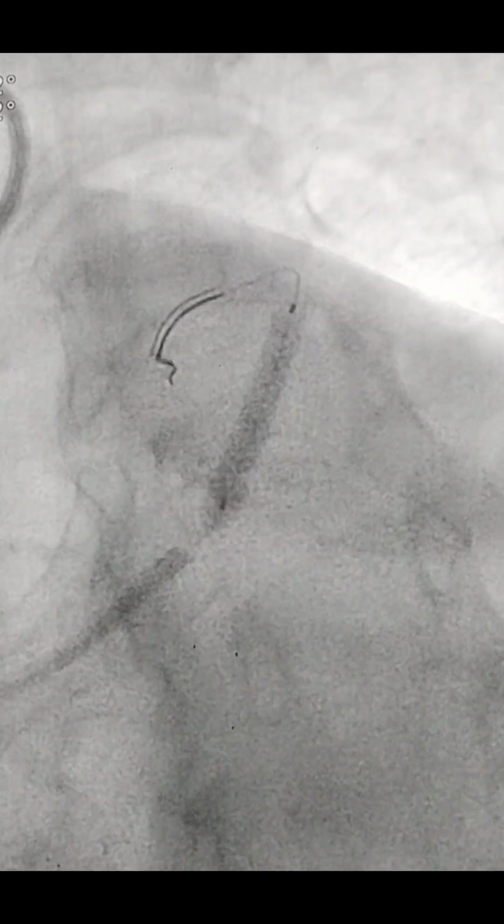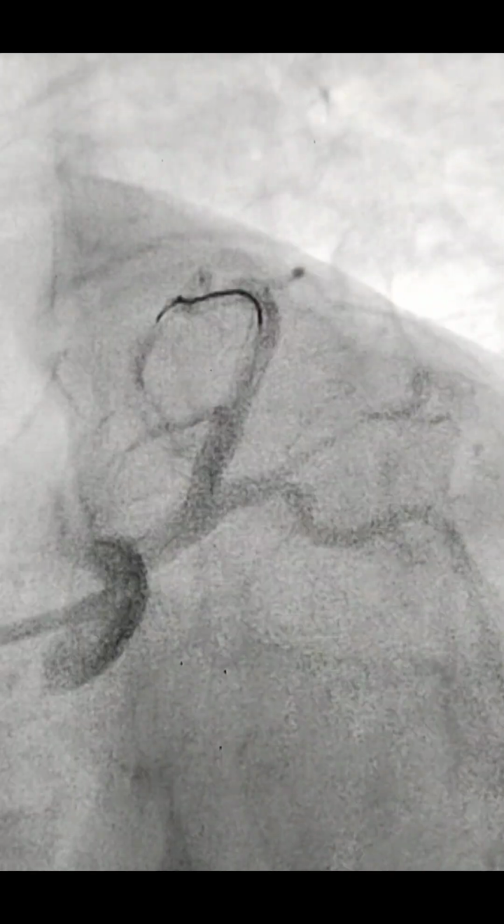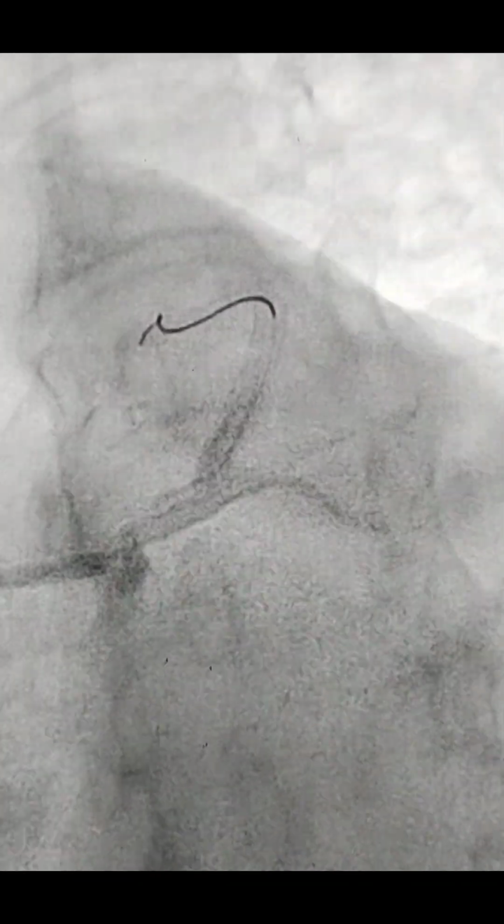This was at 14 atmospheric pressure, and then we did the NC, as we always do for an ostial lesion, although it was not ACS for the LAD. You can see the cine after the ostial stent in the LAD, and how beautifully the LAD has opened up.